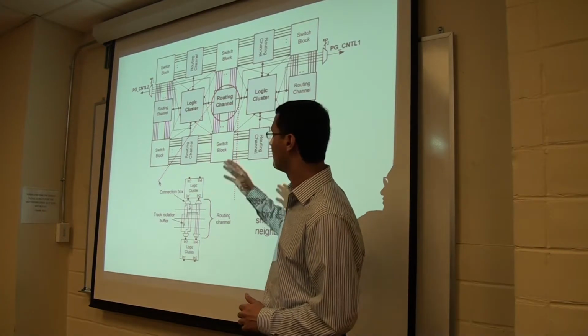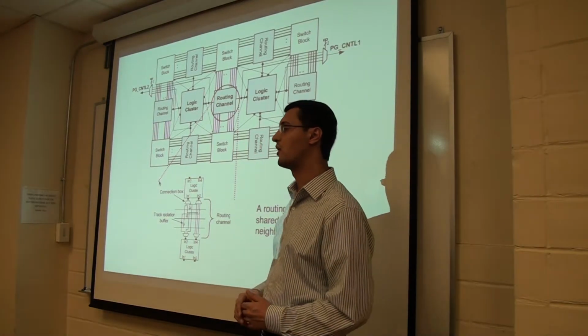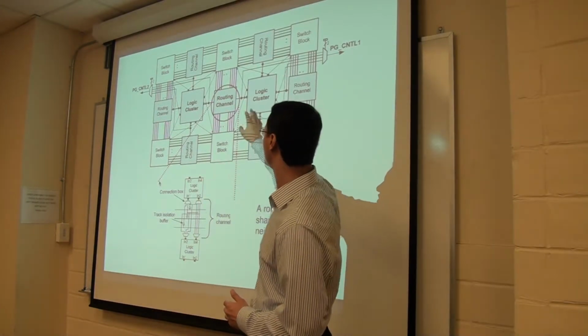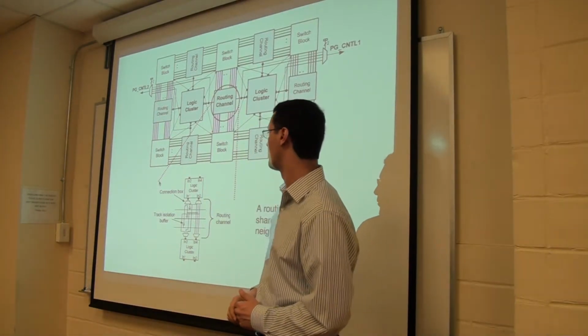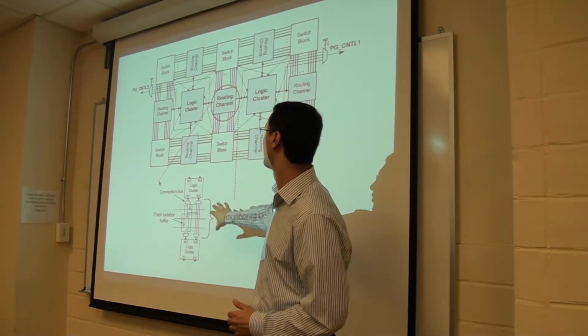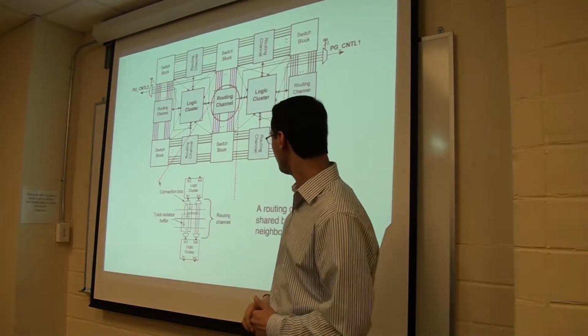And when we turn off these routing channels, we have to make sure that both of these logic clusters are turned off. If any of these logic clusters is not turned off, we must maintain this routing channel on so that it will provide routing for the on logic cluster.